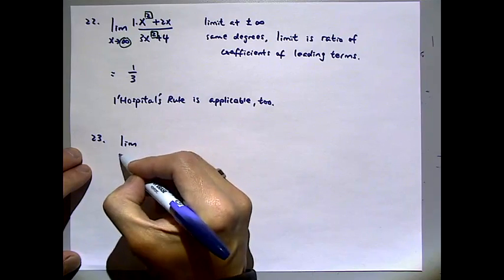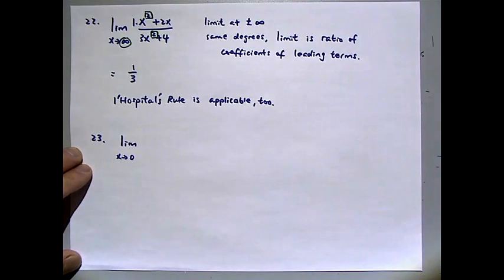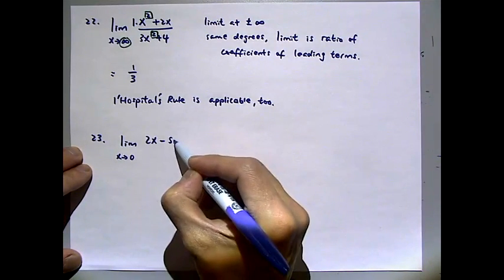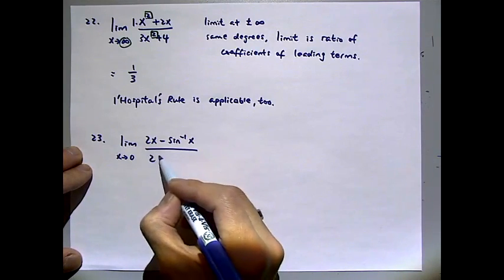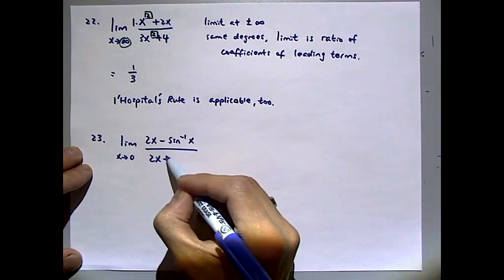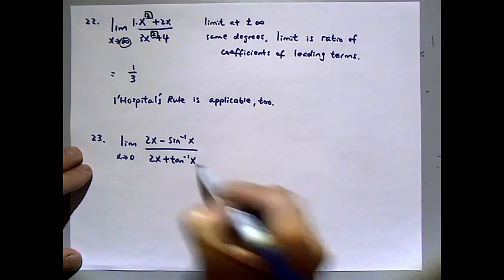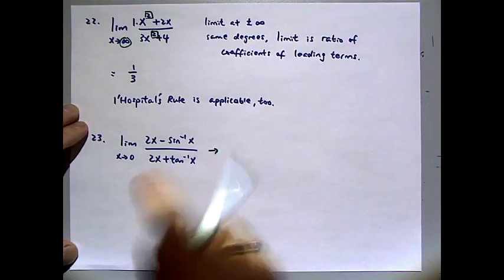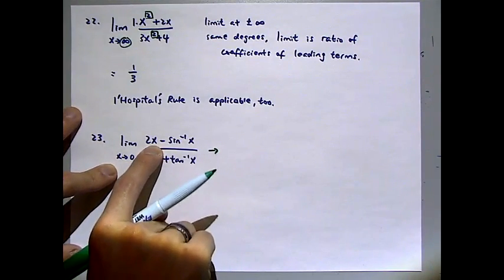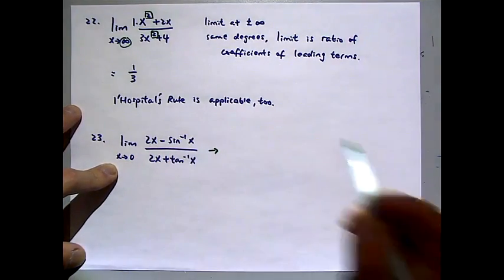Next one, limit as x goes to 0 of 2x minus the inverse sine of x over 2x plus inverse tangent of x. And this looks like a L'Hopital's rule problem, because when x goes to 0, that's a 0, and then inverse sine of 0 also happens to be 0.